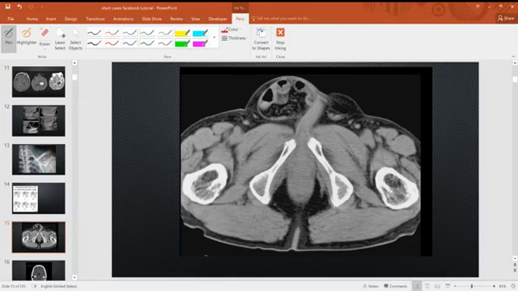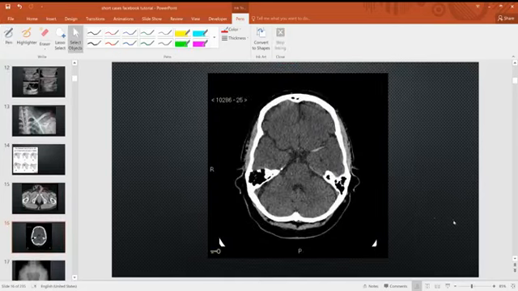Okay. This is bilateral inguinal hernia. This is left side inguinal hernia. And this is the big one, right side inguinal hernia with the omentum and the bowel. Okay, very good from all of you. Let us move to the next case.